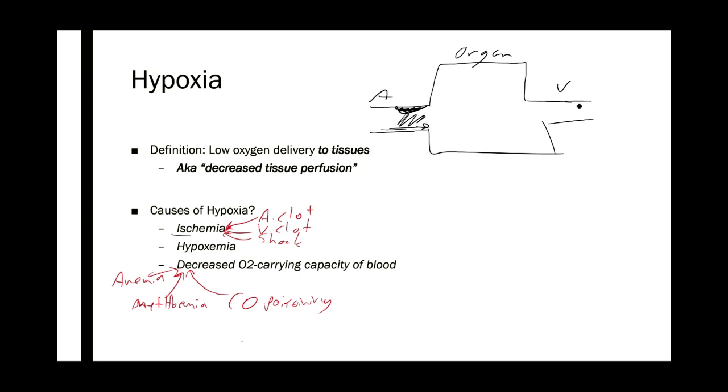But you can also have a venous clot. These are pretty rare, but there are things that can cause venous clots. There are inherited conditions that cause a hypercoagulable state. There are things like polycythemia vera, which increases the viscosity of the blood, the thickness, so much that it can cause venous clots.